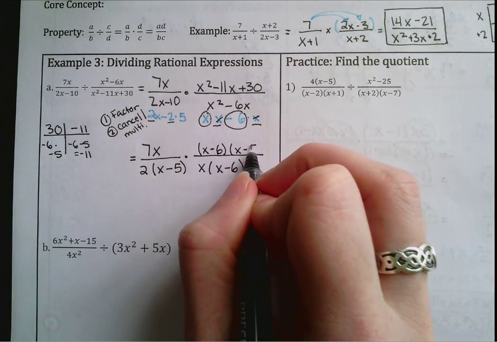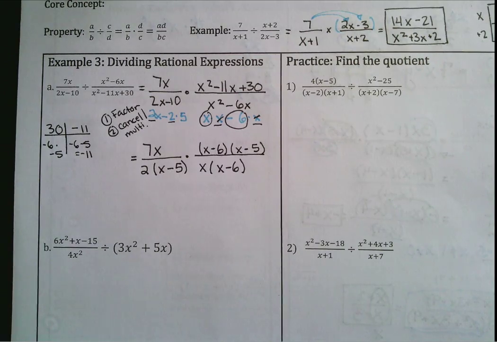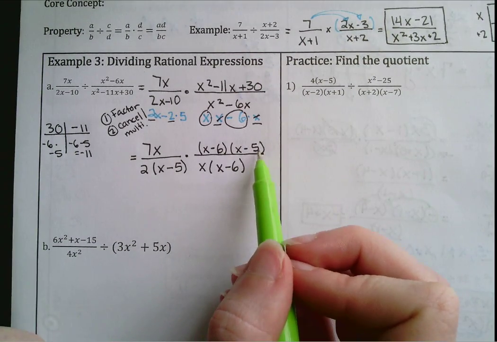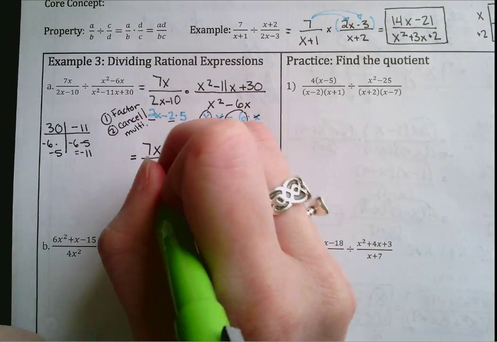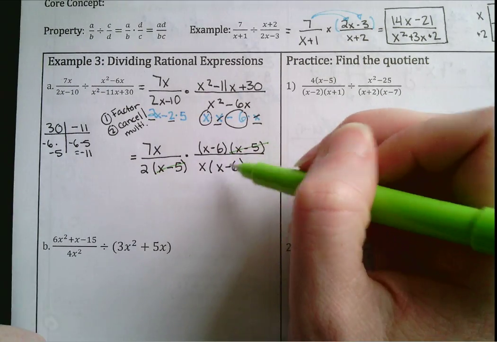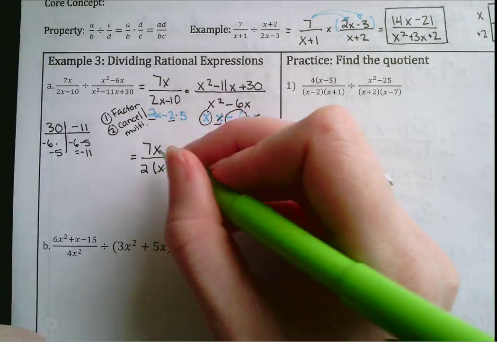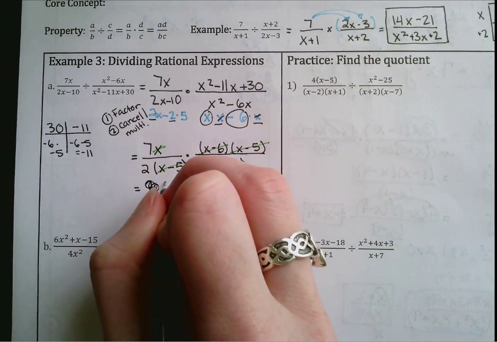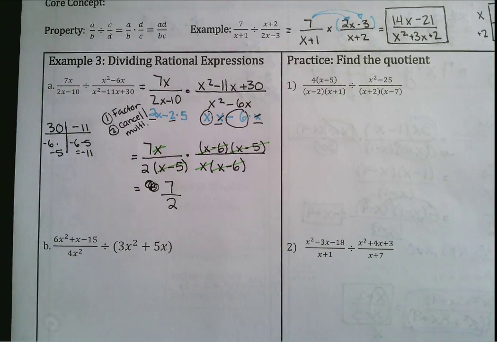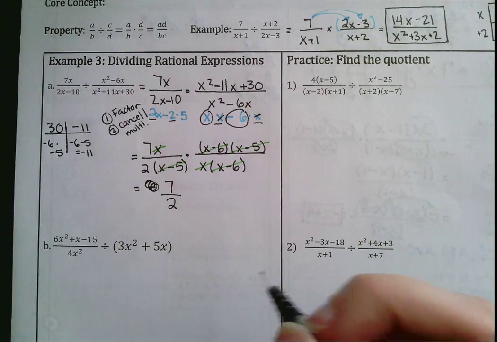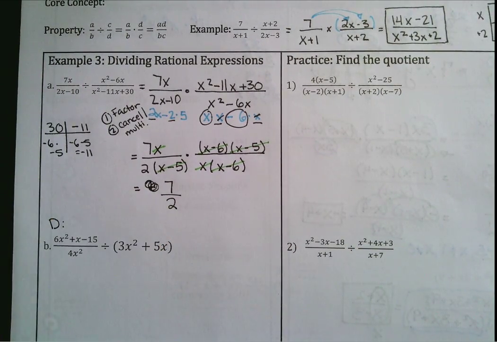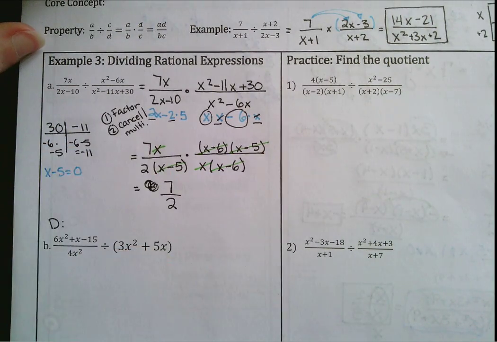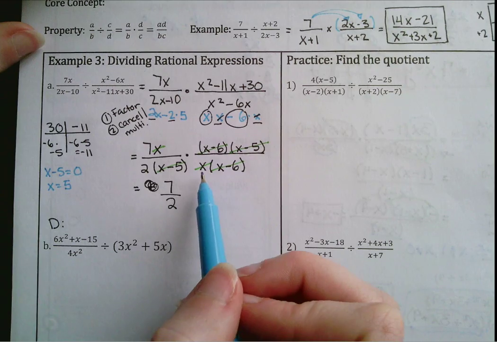So for example 3, this is going to be our dividing. I'm going to zoom this out a little bit. There we go. Okay, so example A shows that we have 7x divided by x minus 2, divided by 2x minus 10, divided by x squared minus 6x, divided by x squared minus 11x plus 30.